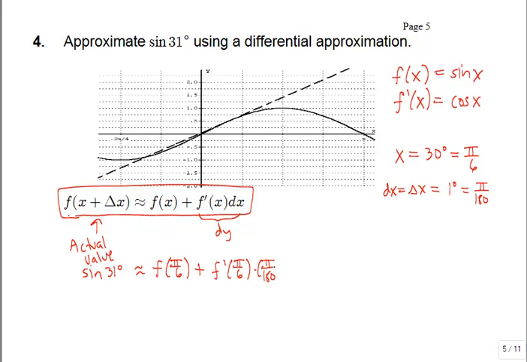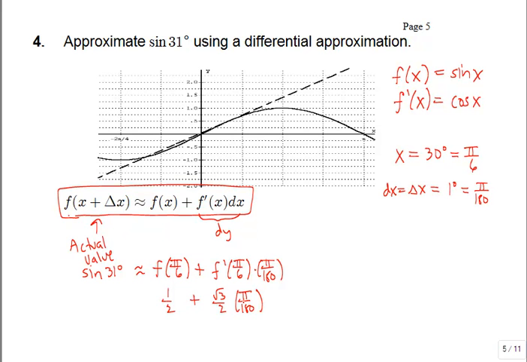It's how far away our good point was from our bad point. So what is f of pi over 6? Well, our function is sine, so sine of pi over 6 is 1/2. What's f prime of pi over 6? Well, f prime was cosine, so cosine of pi over 6 was root 3 over 2, and then this is going to be pi over 180.